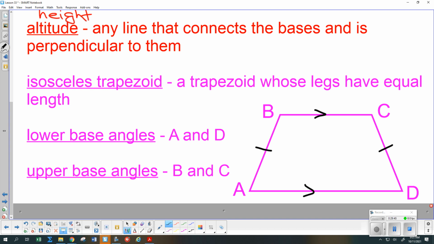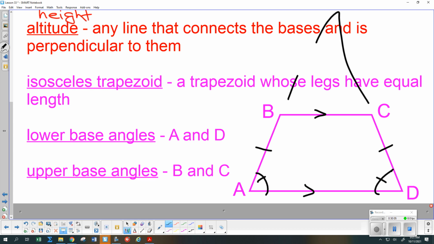The lower base angles are the ones at the bottom, the A and the D. The upper base angles are the ones up at the top. Now, the special thing about the isosceles trapezoid, if we think about this as an isosceles triangle with the top cut off, we know these base angles would be congruent to each other, right?